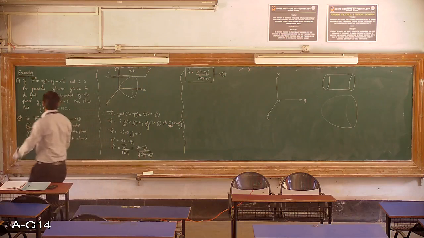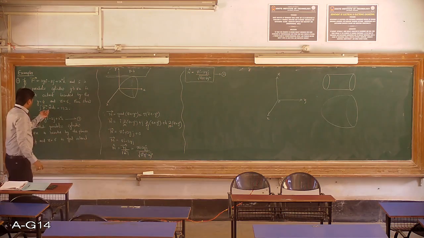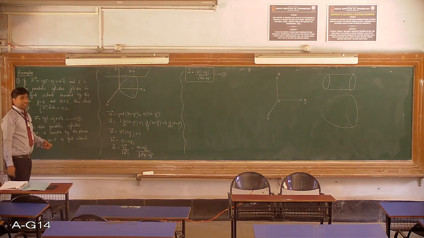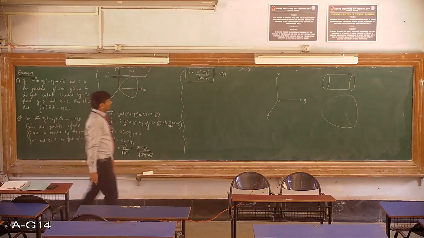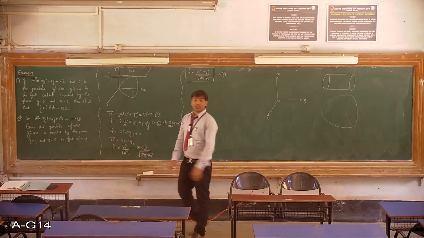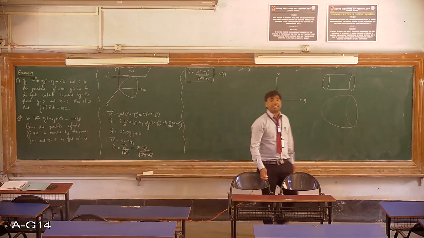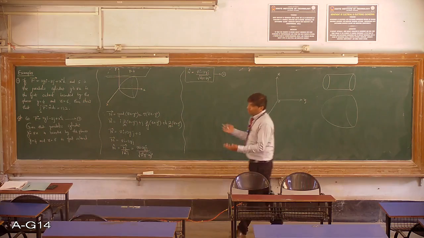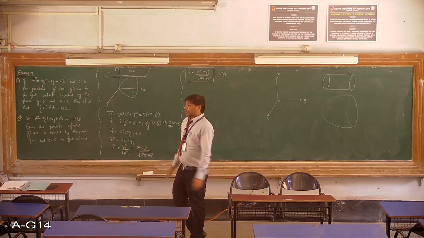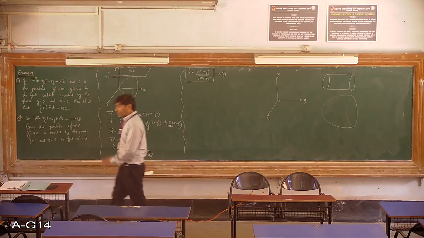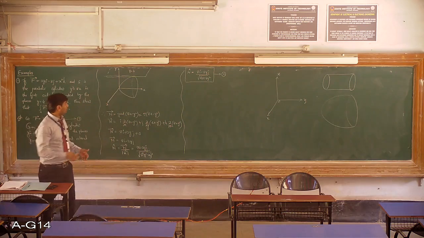Next, what we want here is f dot n cap dS. But dS we need to project on any one of the 3 planes, either the xy plane, yz plane or zx plane. Which is good for us? That we need to check.